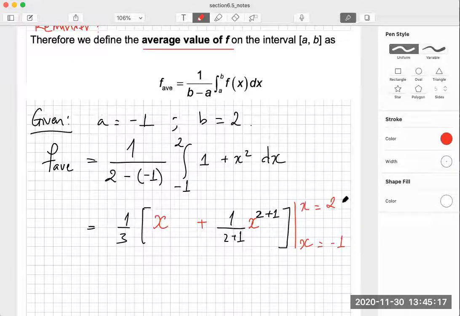Remember, the antiderivative of a sum is the sum of the antiderivatives.